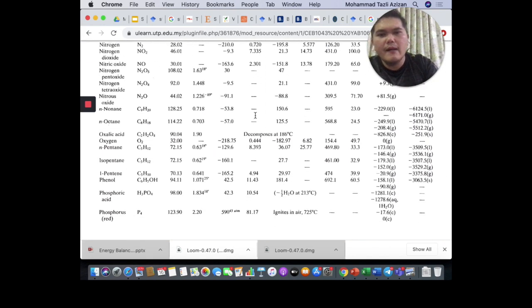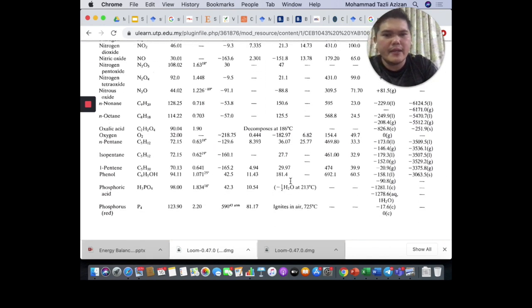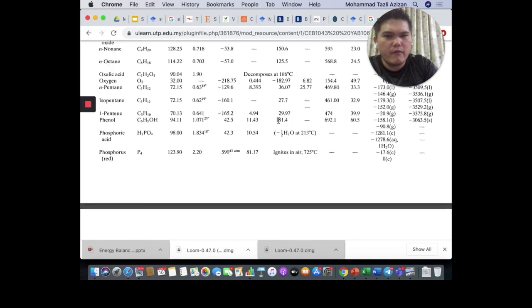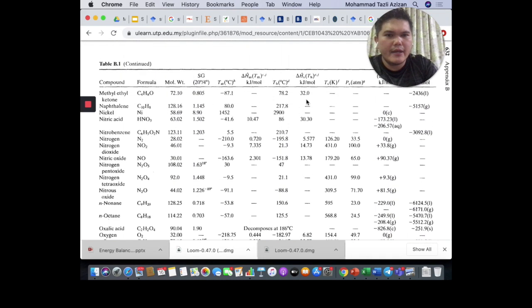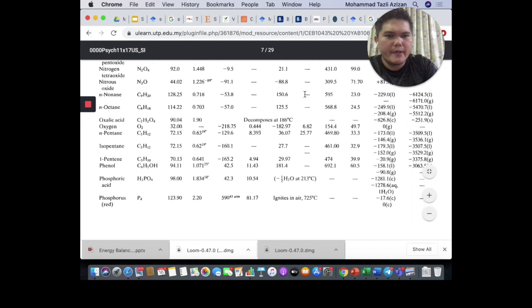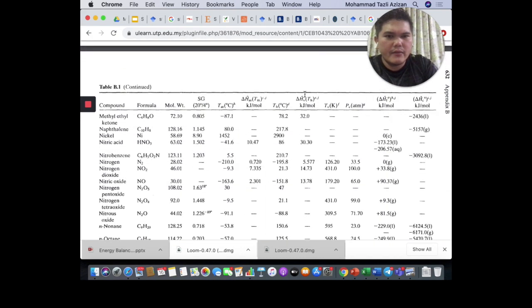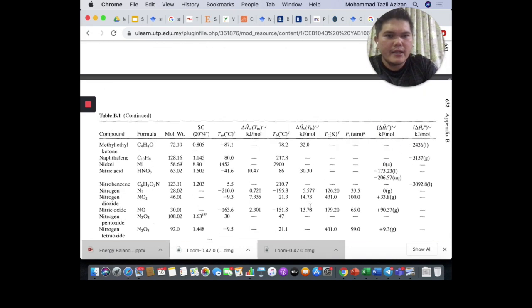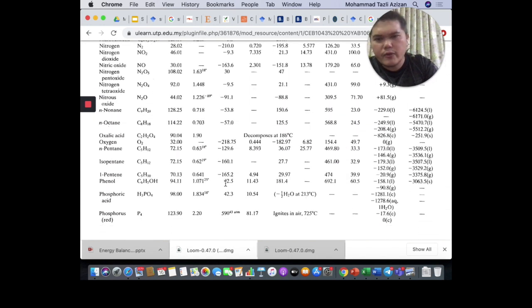Then you have the boiling temperature, which is 181.4, and the heat of vaporization, which is not given here, but we can determine later. So these are the important points that we are collecting: 42.5 degrees Celsius as well as 181.4, which are the melting temperature and the boiling temperature.